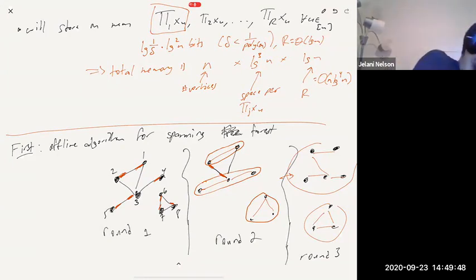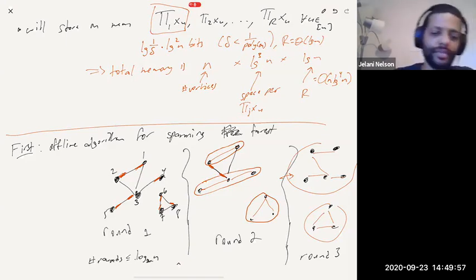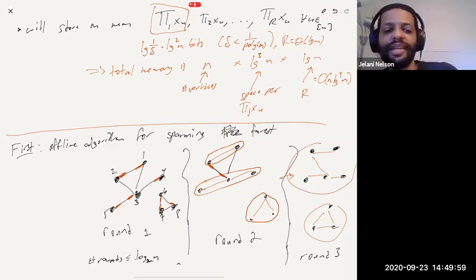Notice also that the number of rounds is at most going to be log base 2 of n. Why is that? Just because if you look at the set of non-maximal components, meaning that they're not the final connected component, the number of them at least halves in every round.